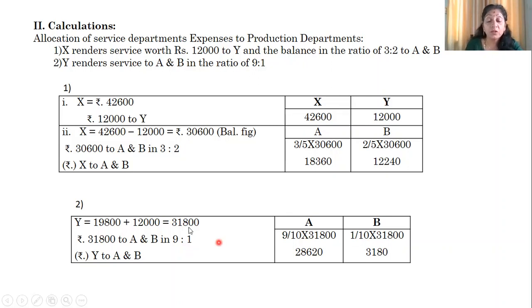Nine divided by ten into 31,800 is 28,620. One divided by ten into 31,800 is 3,180. That's all about the calculation for the second part.